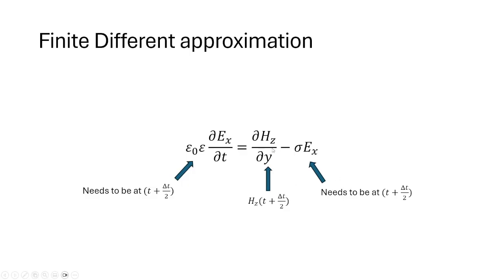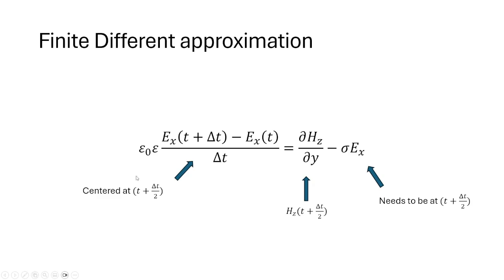From the last video, we know that the time derivative will be centered at t plus delta t over 2 if we pick whole time steps for the electric field. So the electric field here is located at t plus delta t and at t. This time derivative is thus centered at t plus delta t over 2. So perfect, that's what we want.